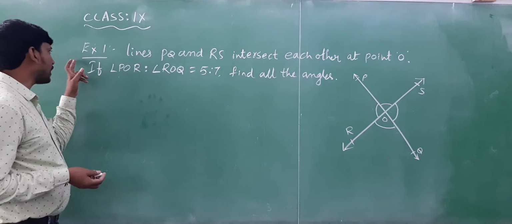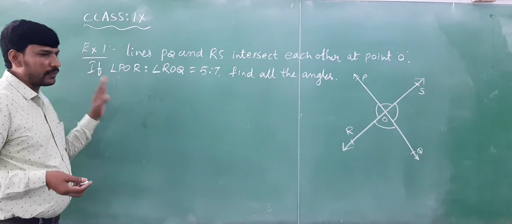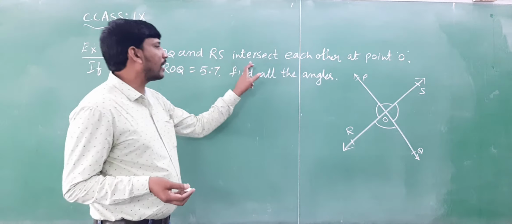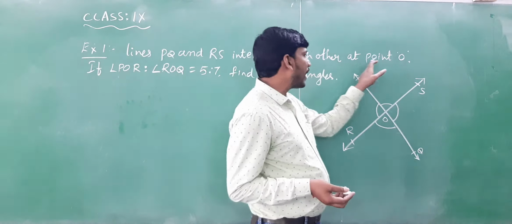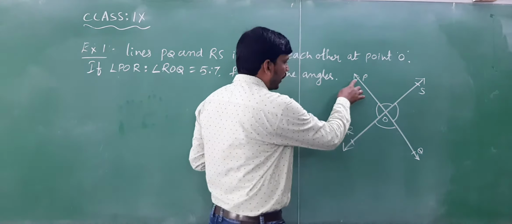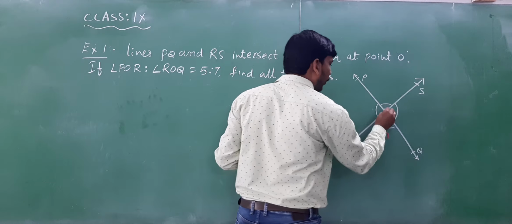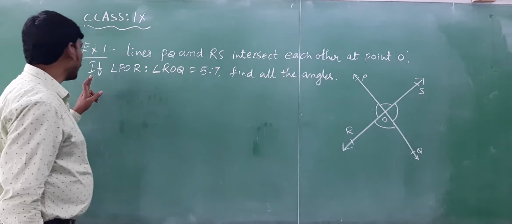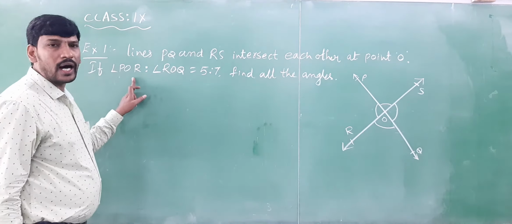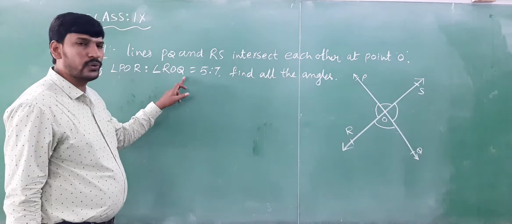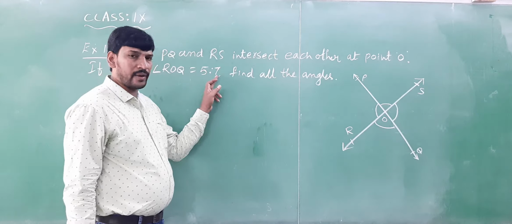Now, example 1 we are going to discuss. Lines PQ and RS intersect each other at point O. See, PQ and RS are intersecting at a point O here, and they are given that angle POR to angle ROQ is equal to 5:7.